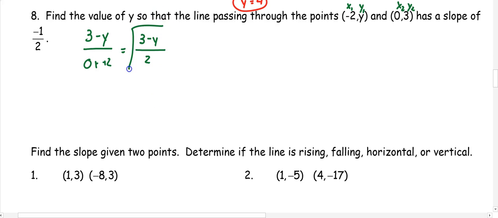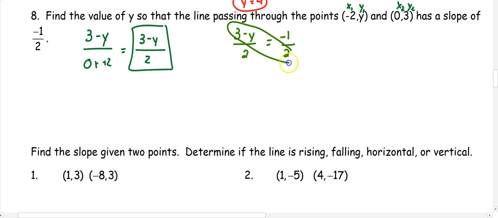So now I'm going to take what I simplified to and set it equal to my slope. 3 minus y over 2 equals negative 1 over 2. Make sure when you're cross multiplying, you take the negative and either make it part of the denominator or part of the numerator. Don't use it twice.